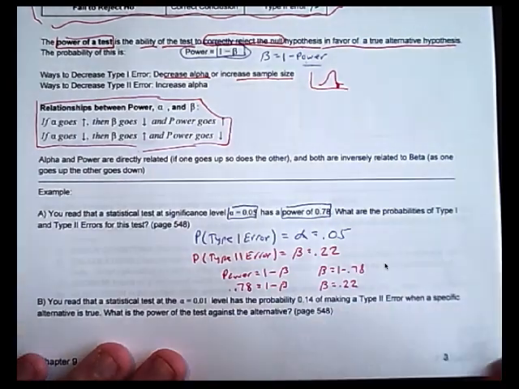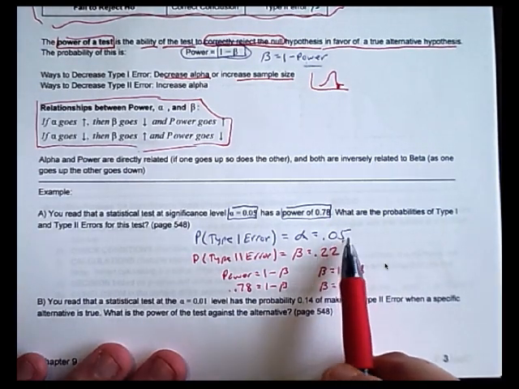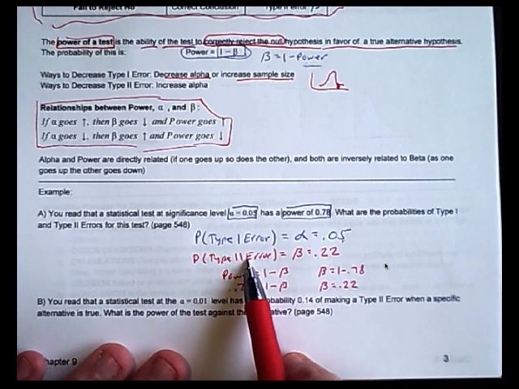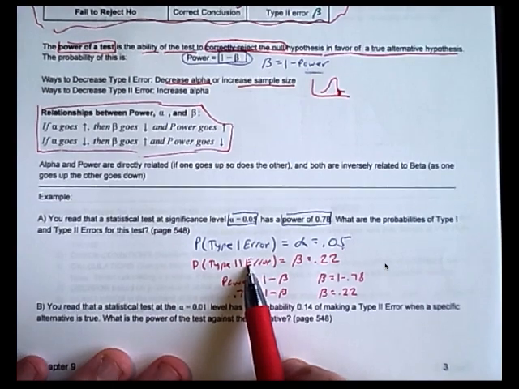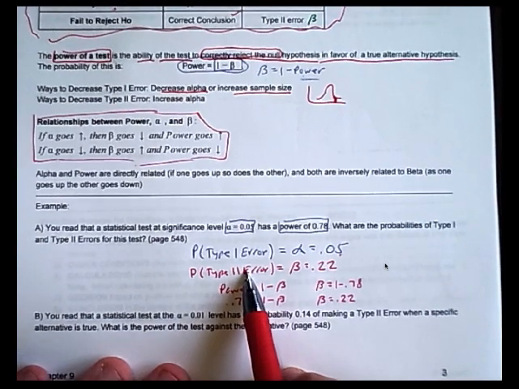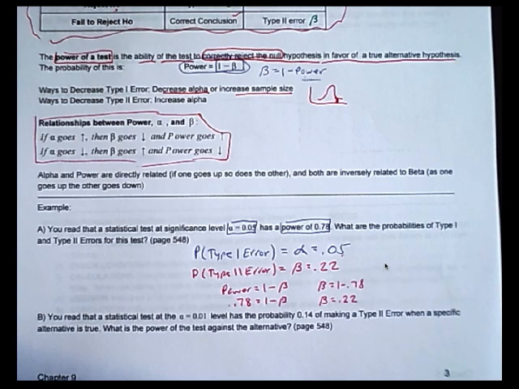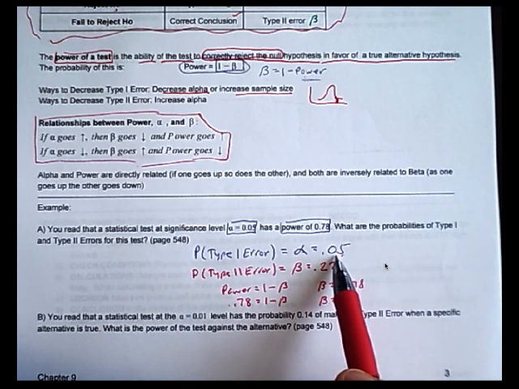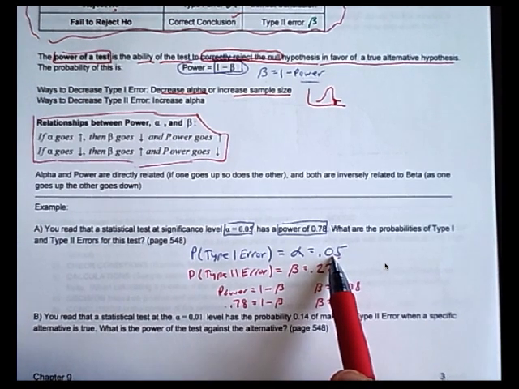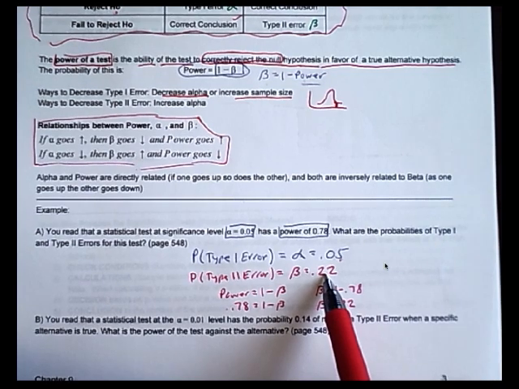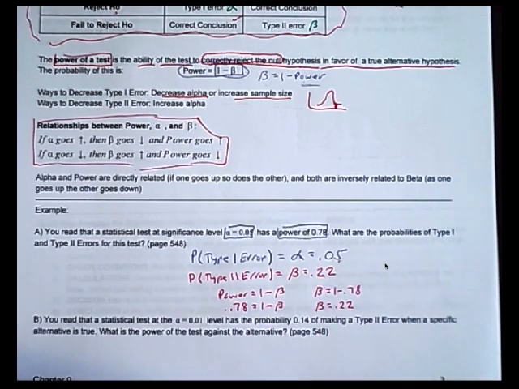So in context, there's a 5% chance of making a type 1 error and a 22% chance of making a type 2 error. So there's a 5% chance that I reject the null hypothesis when it's really true, and a 22% chance that I fail to reject the null hypothesis when it's really false.